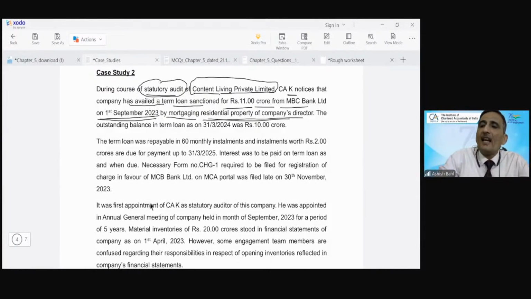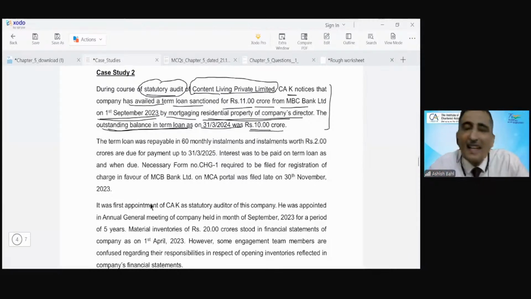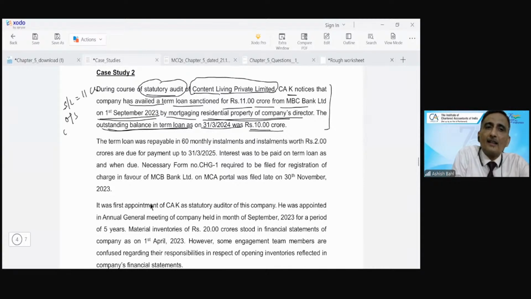The outstanding balance in the term loan as on 31st March 24 was rupees 10 CR. So sanctioned loan was 11 crores. What was outstanding on 31st March 24? It was 10 CR.